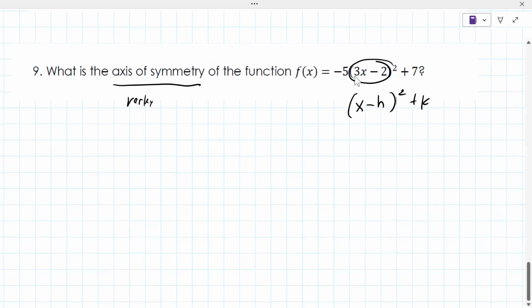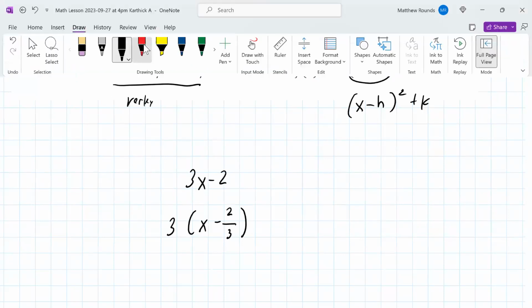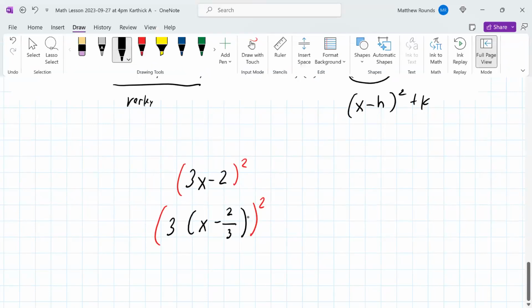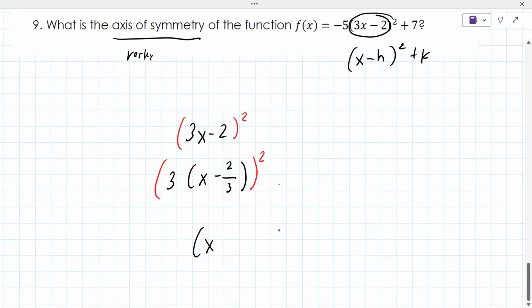Couldn't you expand the equation and then make it standard form? You can, but I would not do that. Here's what I would do instead. I would factor the 3 out so that it becomes this. Now, there's a little bit more to it. This is squared, so this is squared, which means it's x minus 2/3 squared and then a 9 in front.